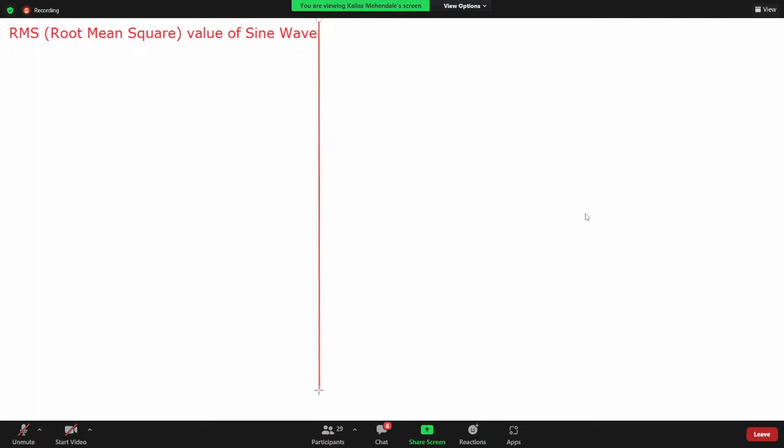Before I start with the derivation, I will quickly draw your attention to certain concepts, and then we will continue. Here I am trying to sketch one cycle of a sine wave. So this is one cycle.